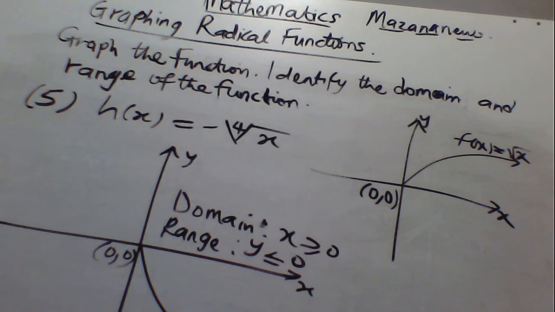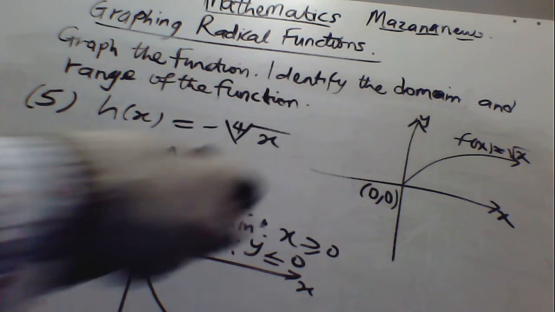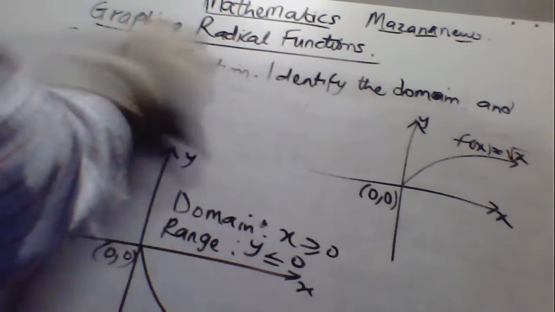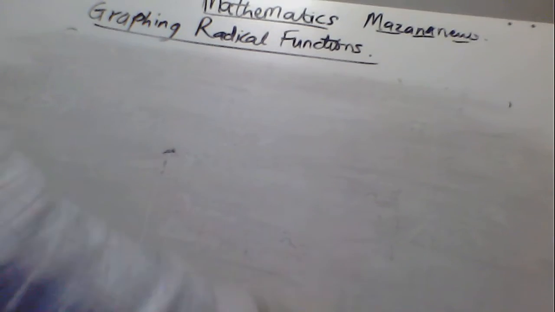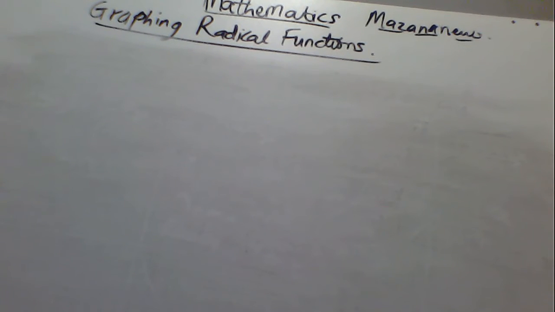The next is describe the transformation of f represented by g. We have used what they gave us to plot the graph. The next is to describe the transformation of the parent graph based on another function.